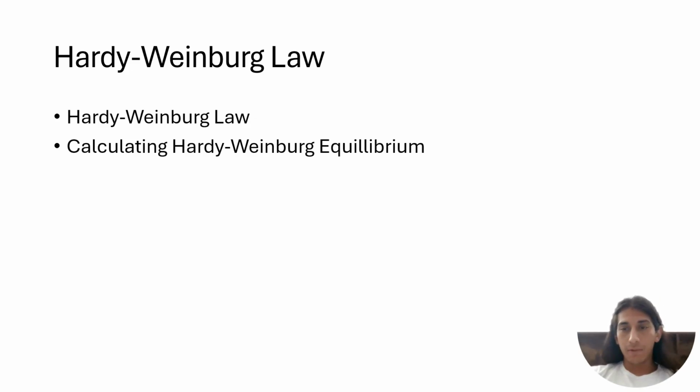Let p equal the frequency of allele A, and q equal the frequency of allele a. p squared equals the frequency of genotype capital AA. 2pq equals the frequency of genotype capital A, lowercase a. q squared equals the frequency of genotype lowercase aa.